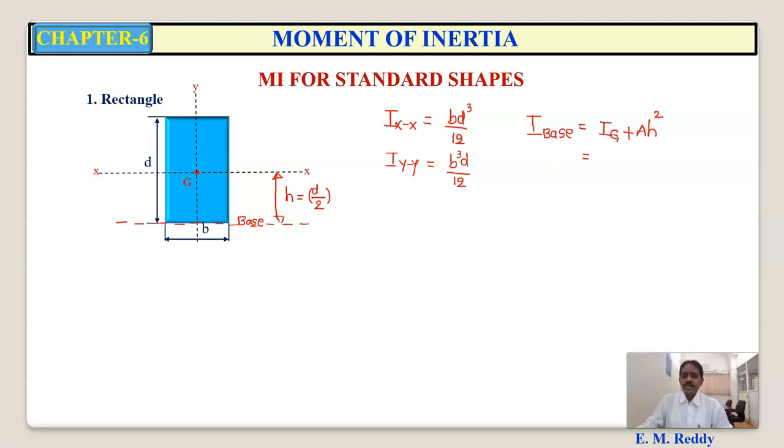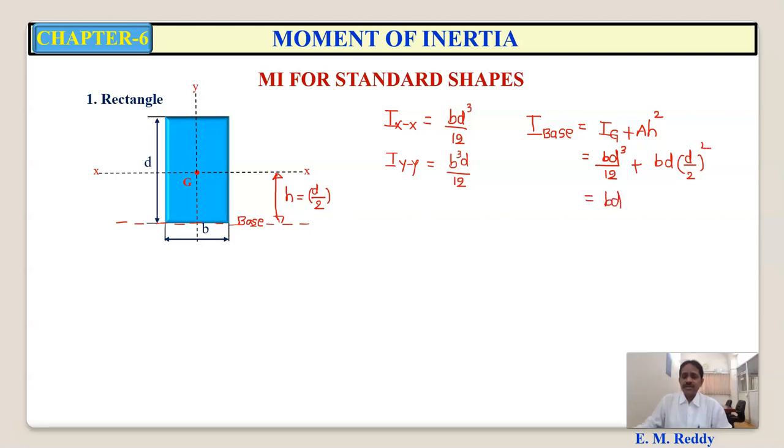Now here, what is the moment of inertia about the centroidal x-axis? B d cube by 12. So it is B d cube by 12 plus, what is the area of the section? B into D, whereas H is D by 2. So H square is D by 2 whole square.